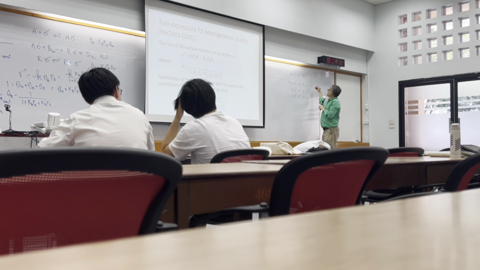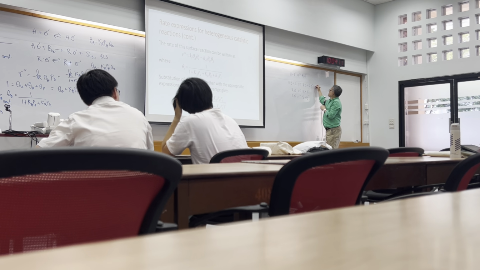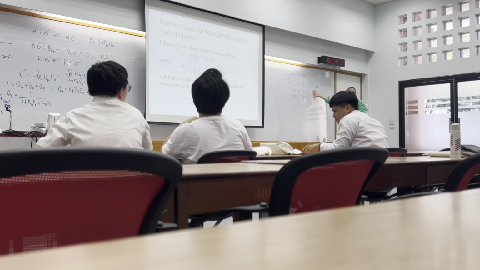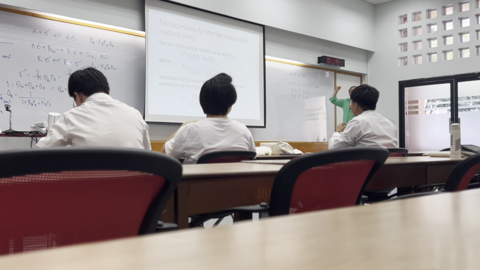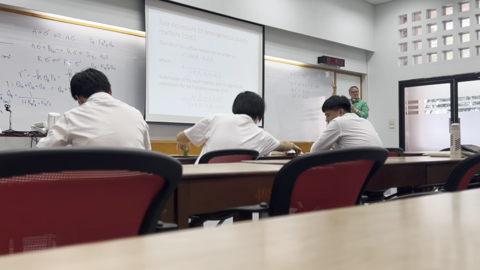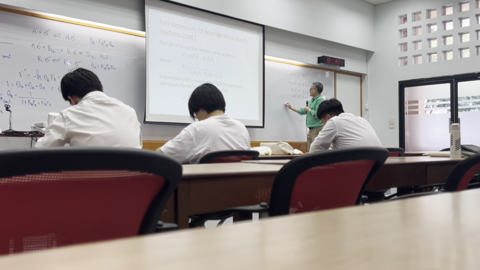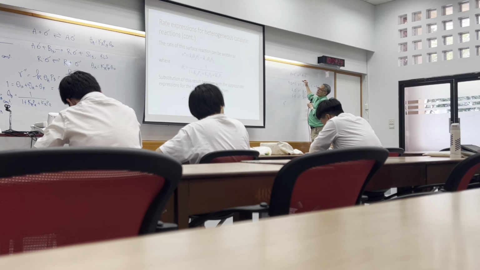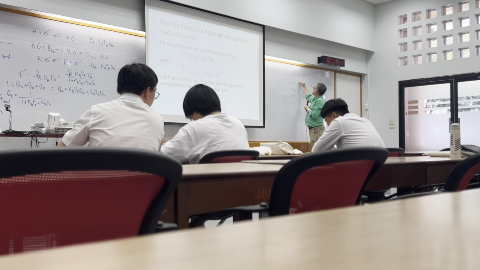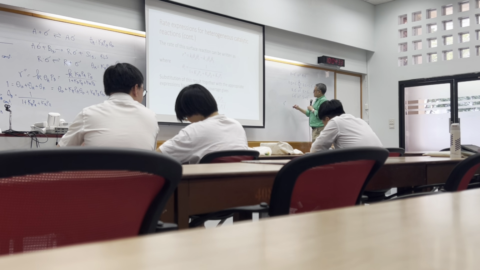So this is the rate limiting step. But since this surface reaction is reversible, when you write down the rate, it will contain 2 terms: the forward rate and the reverse rate. The forward is k1, backward is k minus 1.